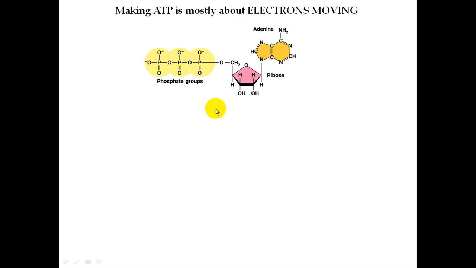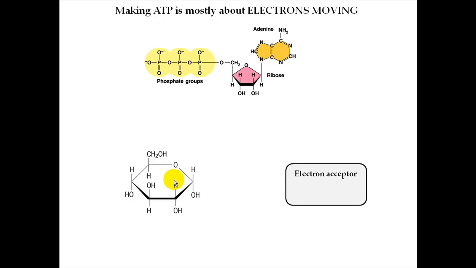So here's what we mean by that. Again, we said that glucose is something that can be used by some cells in order to make ATP. What causes that to happen is when the high energy electrons in that glucose molecule end up moving towards another molecule that serves as an electron acceptor.